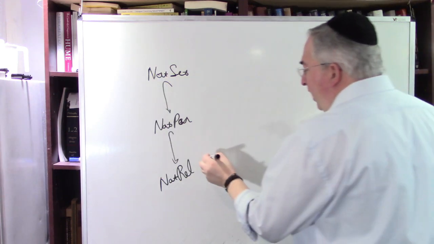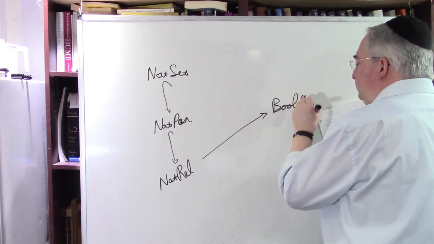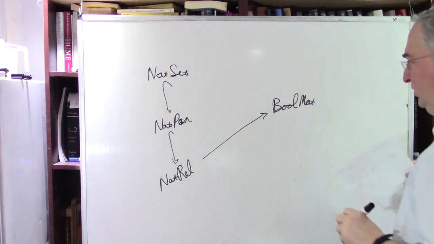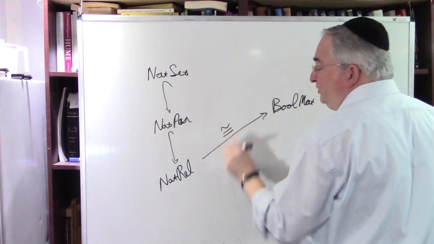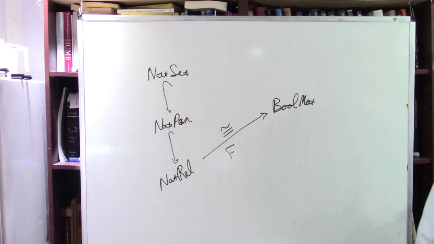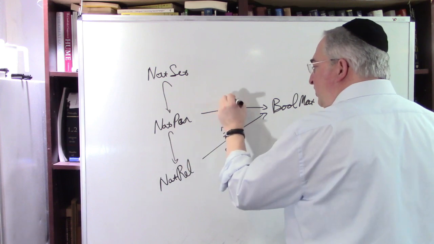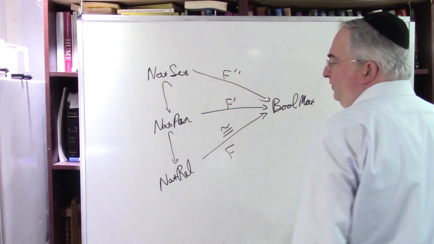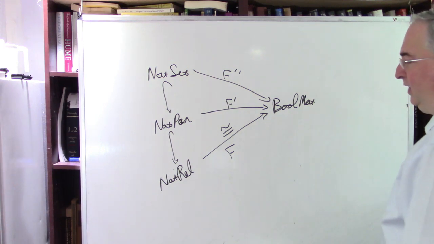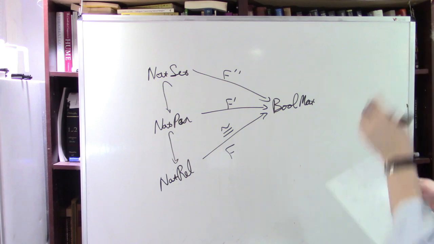Now, I already showed you that this fits in here, Boolean matrices, and we call this F, and I told you that it's an isomorphism. Well, we can extend this function with an F prime here and an F double prime here. I'm sorry, these are restrictions of the functions.